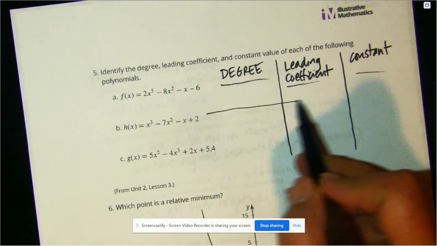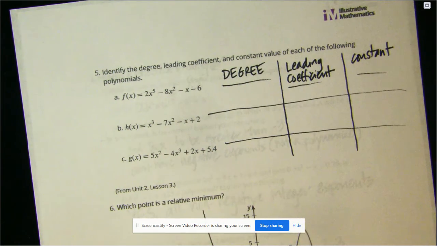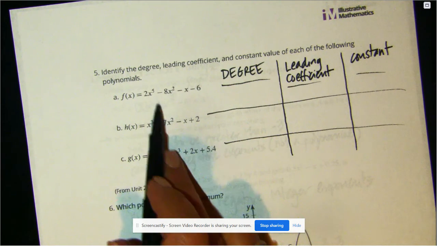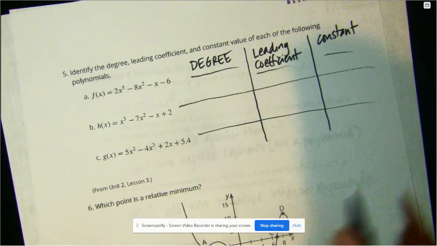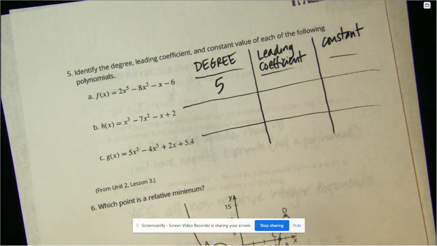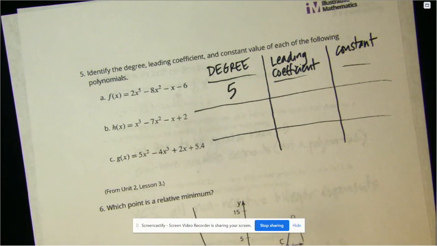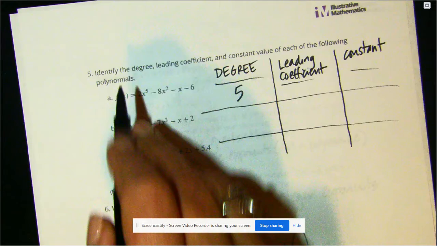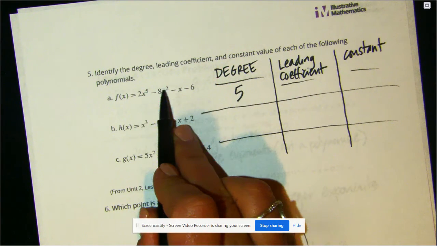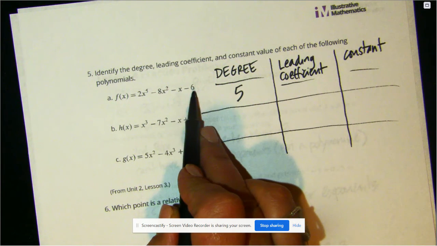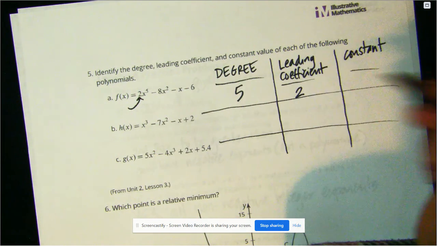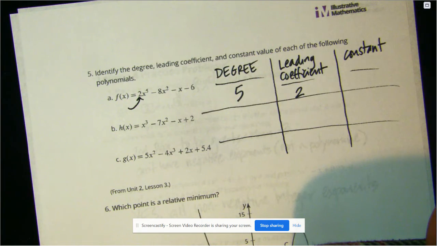The degree is the highest exponent in the polynomial. So this one you can see is the 5th degree. The leading coefficient is the number in front of the term that has the highest power. It doesn't necessarily have to be in order. This one is: it goes 5, 2, 1, and then no power. So that's your line leader right there, 2. The constant is the number with no variable, -6.